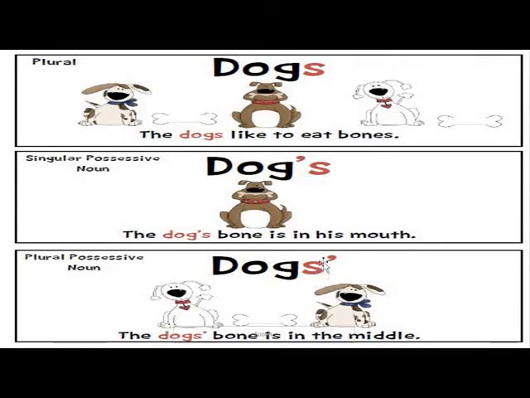The rule says if I have a plural noun that ends with S, I will only add the apostrophe after the S. Again, if I have a plural noun that ends with S, like the word dogs, where should I put the apostrophe?